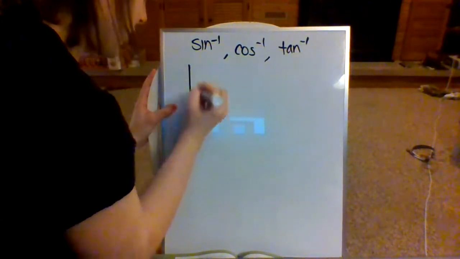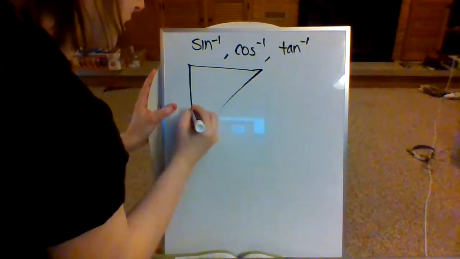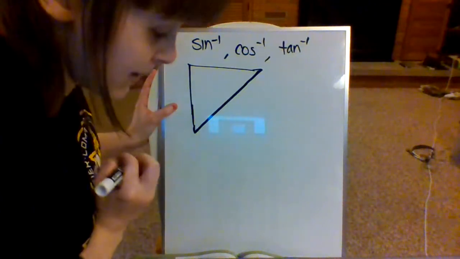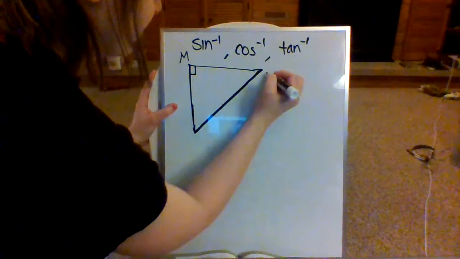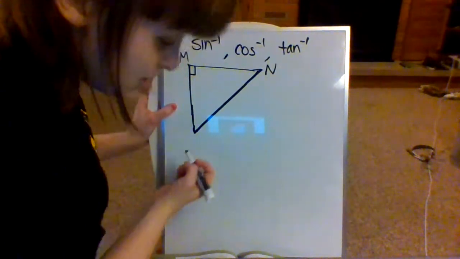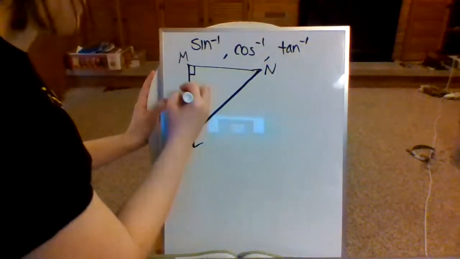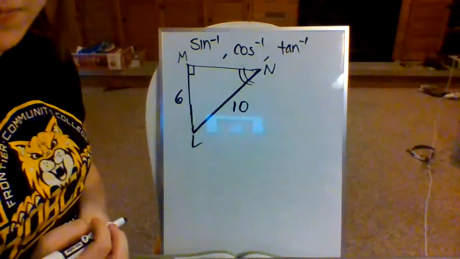This problem, we're trying to find angle N. So I'm going to label this triangle. Okay, so this up here is the 90, and that's angle M. Over here is angle N. Down here is angle L. And the sides we have are 6 and 10. Okay, so I'm trying to find this angle.